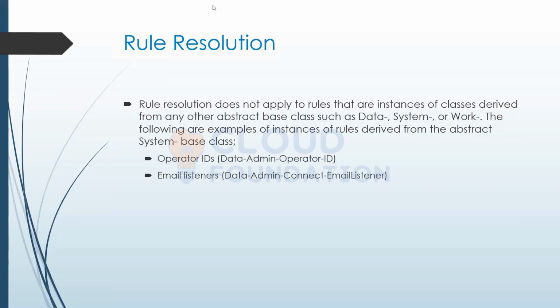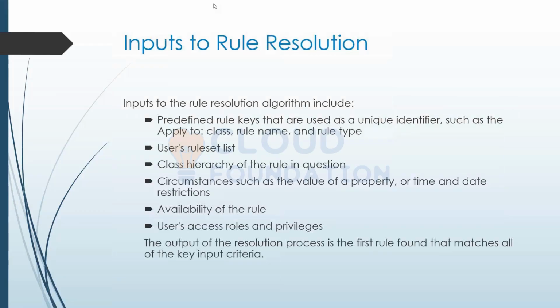I'll give you a photograph, I'll give you his details last seen, I'll give you his other physical appearance related details, and you can find them. Similarly here, there need to be certain inputs for this RR. You give the inputs, RR will find the rule and give it back to you.